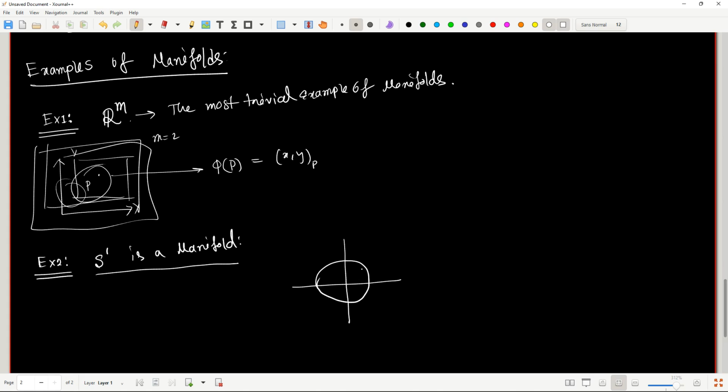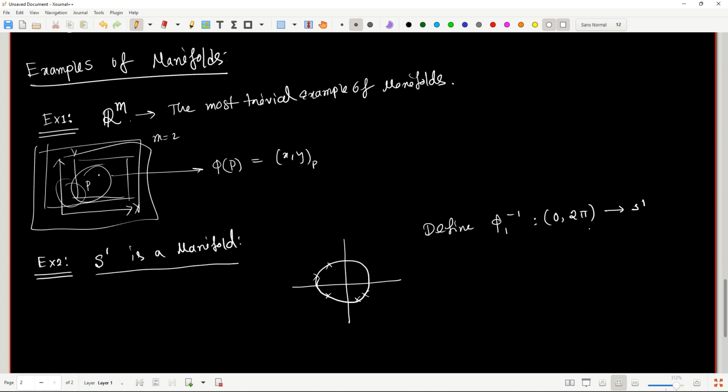What we can do is choose to have 2 charts that will cover the entire circle, that means all the points on the perimeter. And let's define some phi inverse 1 map that takes values from this open interval and maps to S1.